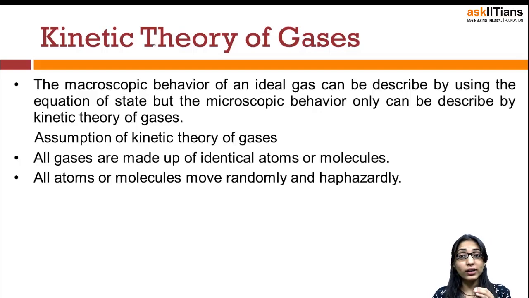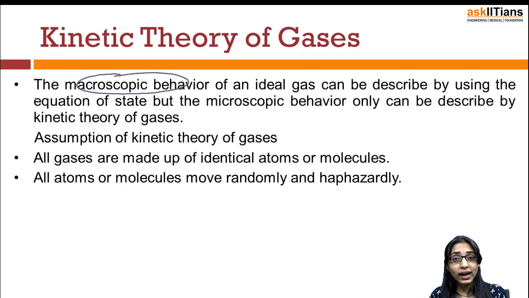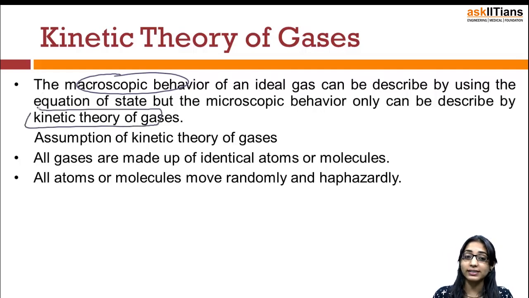But if I am talking about the microscopic behavior, that can only be described by the kinetic theory of gases. That means whatever we have learned so far is good enough in order to describe the macroscopic behavior of the ideal gas. Whereas, if I want you to go into the deeper details about the microscopic behavior, then you need to go by the kinetic theory of gases.